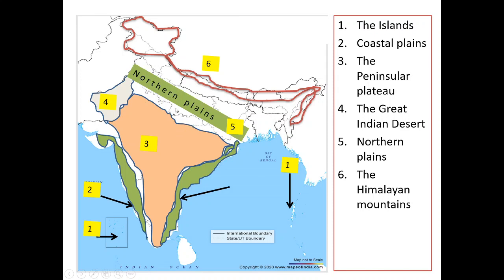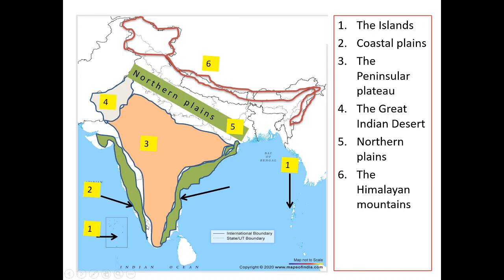Below the northern plain you will find the Peninsula Plateau, which is composed of the Deccan Plateau and the Central Highland. So these are the two parts of the Peninsula Plateau. Along with the Peninsula Plateau, you will see two strips of plains. These are called the Eastern Coastal Plain and the Western Coastal Plain.